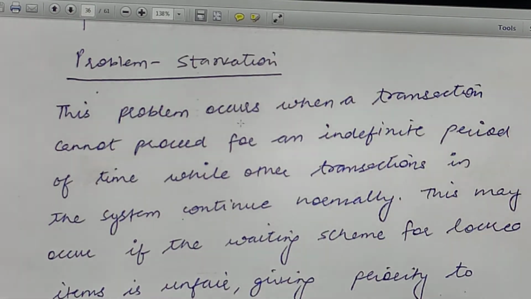It will never be allowed to perform read or write. So the older transaction Ti will enter into the starvation stage, because other, younger transactions have been given priority over this older transaction.